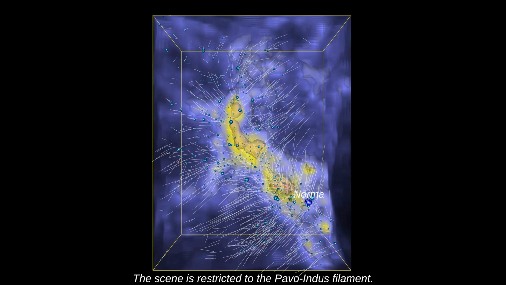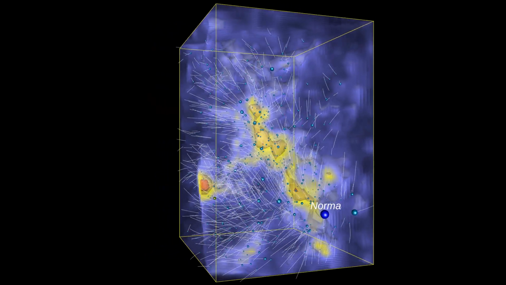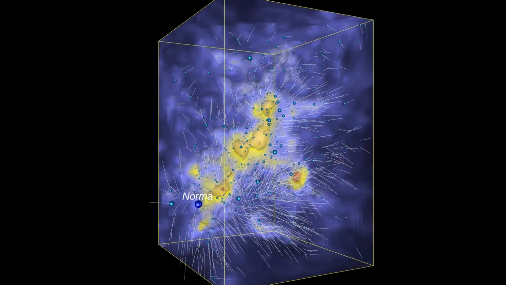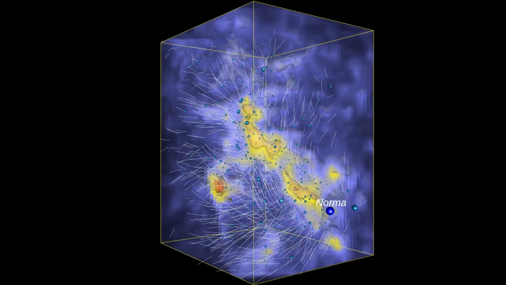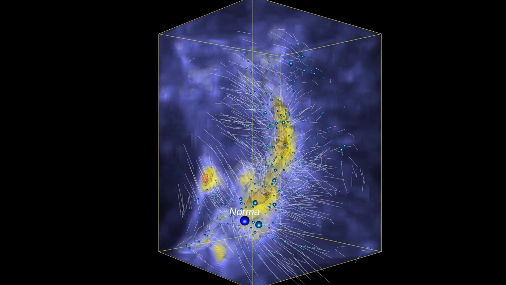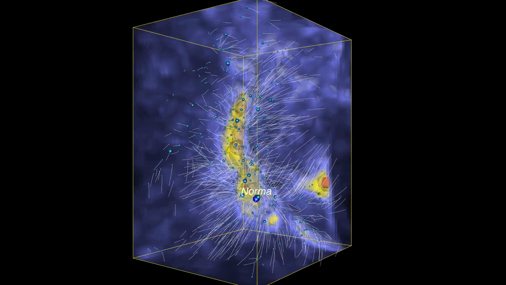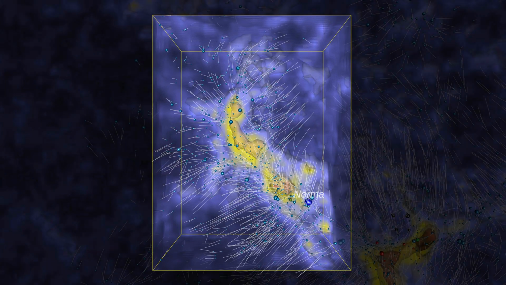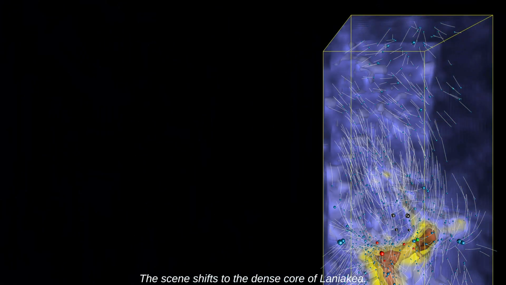The scene is restricted to the Pavo-Indus filament. The scene shifts to the dense core of LANIAKEA.